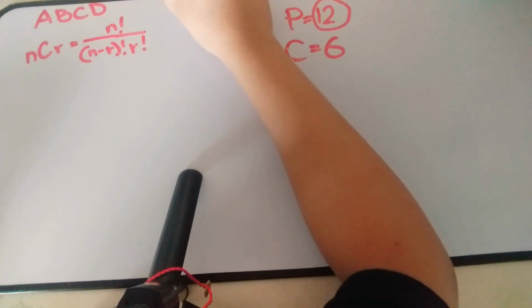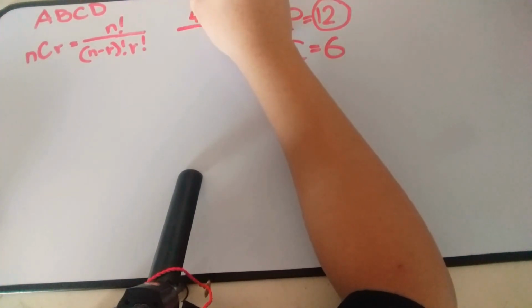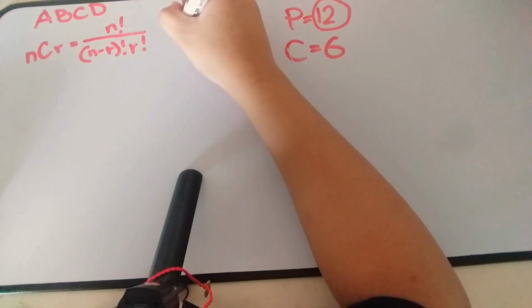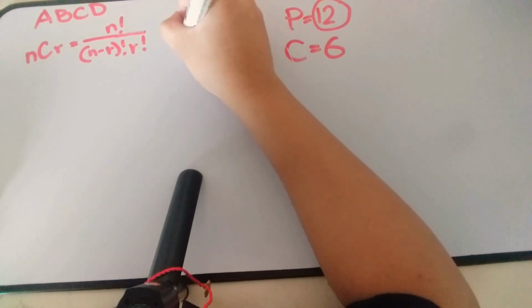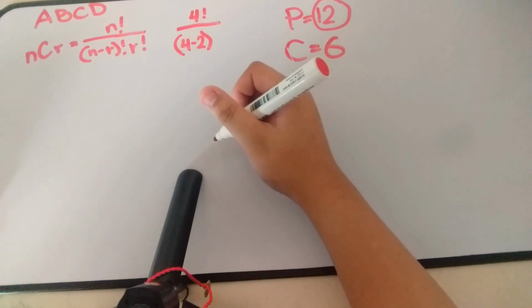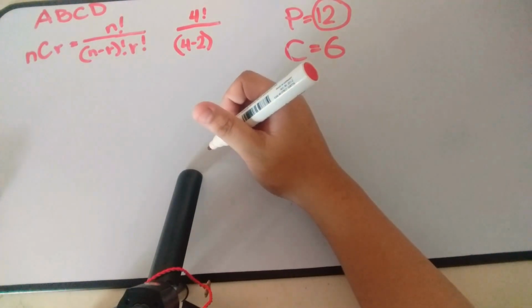So n is 4 and r is 2. This is equivalent to 4 factorial divided by 2 factorial times 2 factorial.